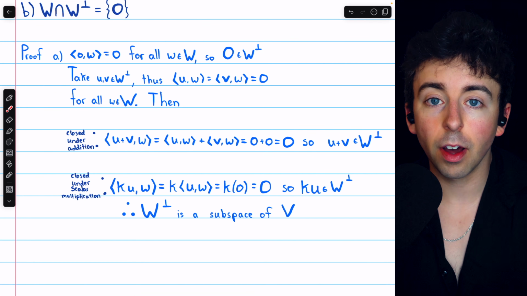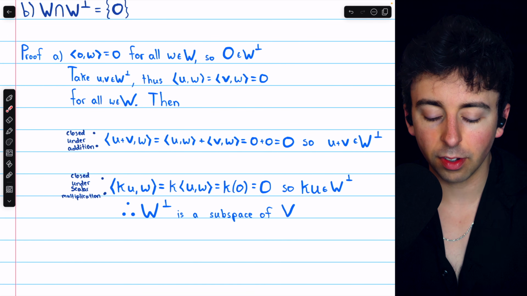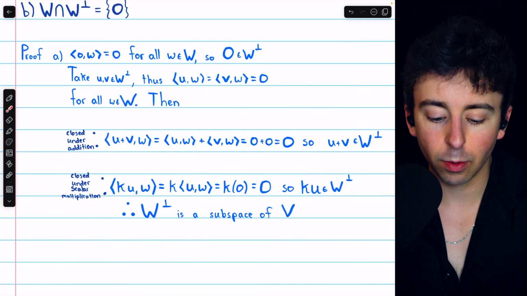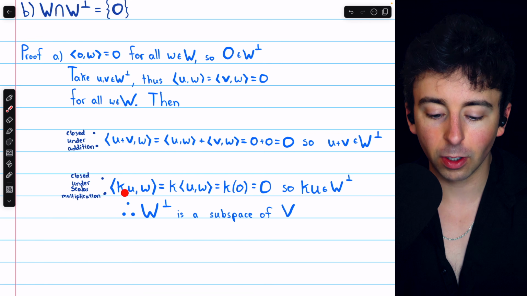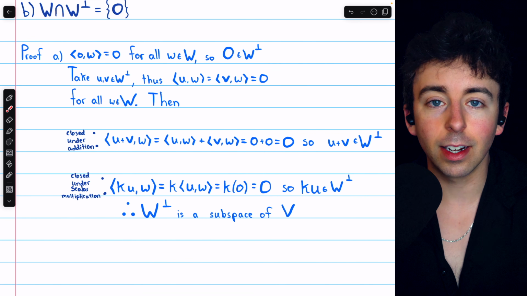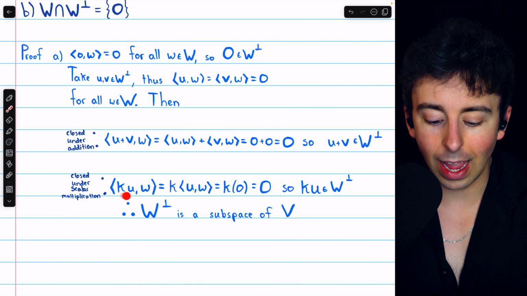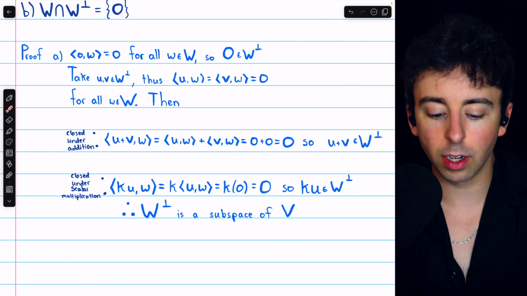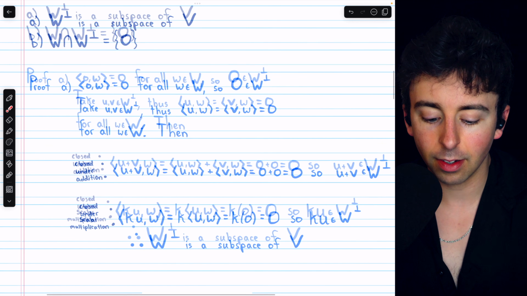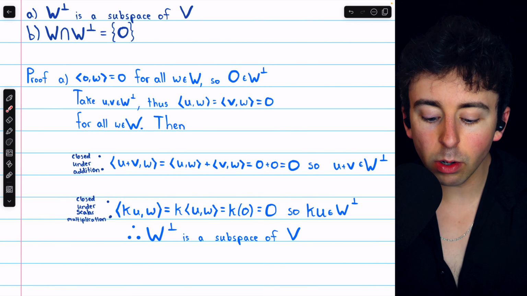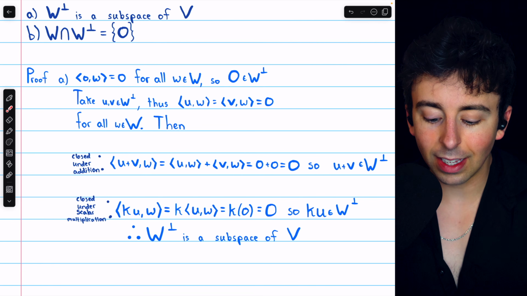Next, to show that the orthogonal complement is closed under scalar multiplication, we need to show that if we take the arbitrary vector u and multiply it by a scalar k, we stay inside the set W perp. To do that, we look at the inner product of ku with an arbitrary vector w from the subspace. By the homogeneity property of inner products, we can take that scalar k out of the inner product. So this is equal to k times the inner product of u with w.